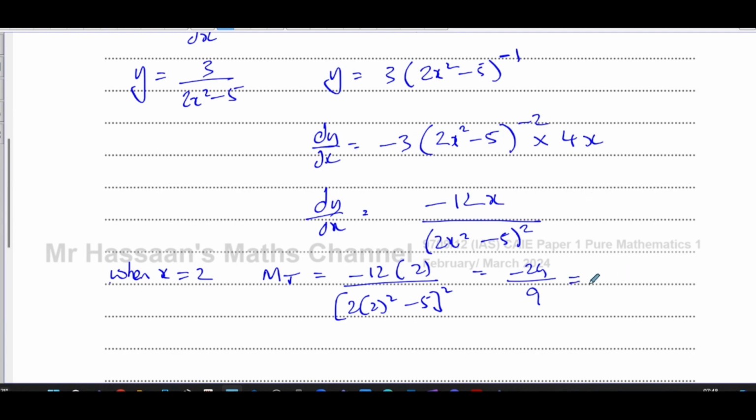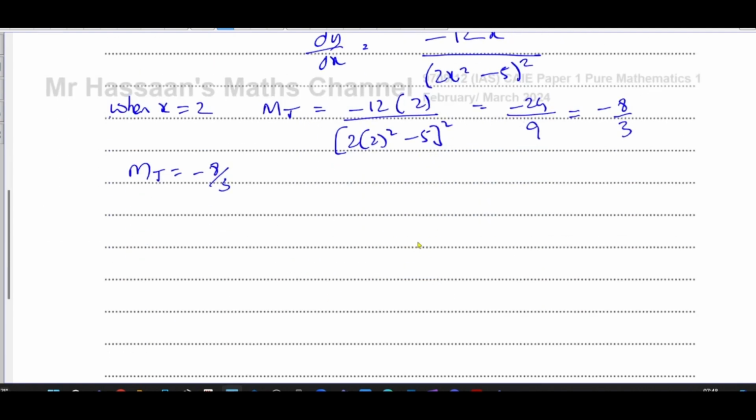This can simplify, 3 goes into both of those. That's going to be minus 8 over 3. So the gradient of the tangent is negative 8 over 3, which means, therefore, that the gradient of the normal is going to be positive 3 over 8.